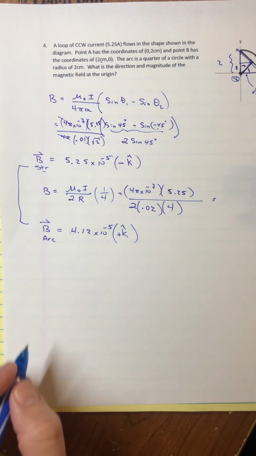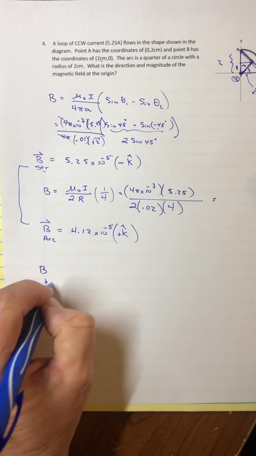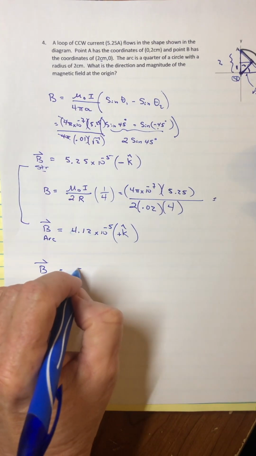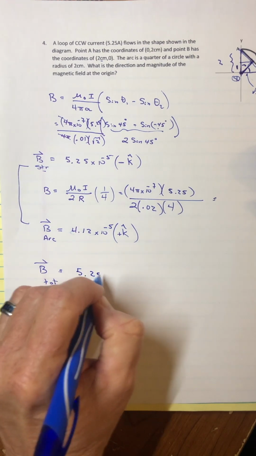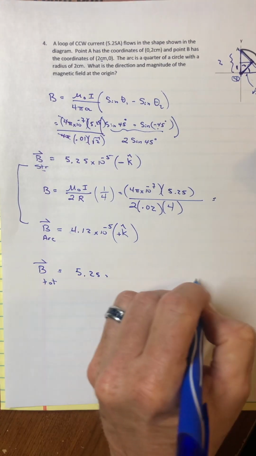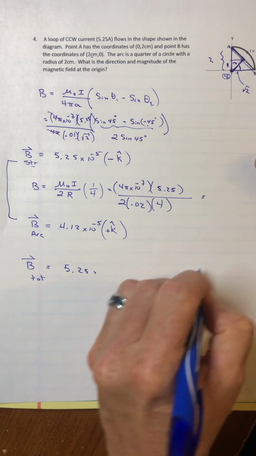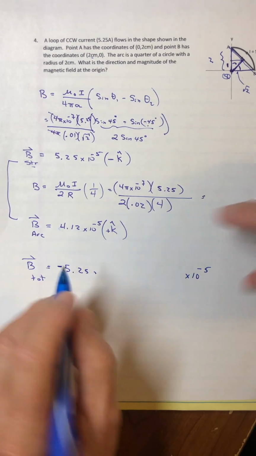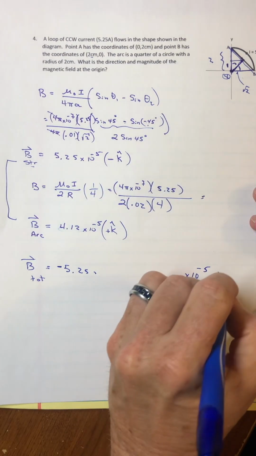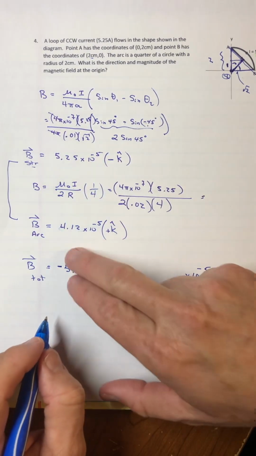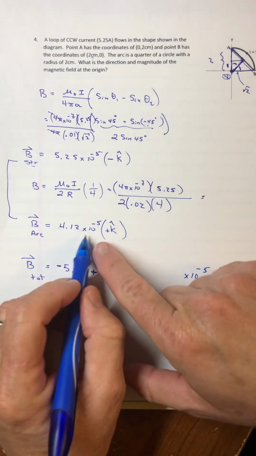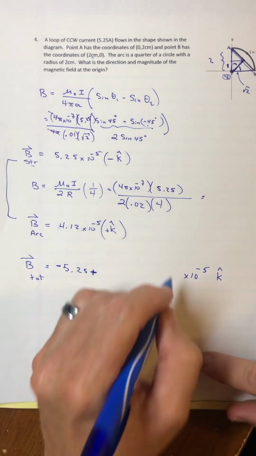And so I would have B total then being the 5.25, and I'll just say over here times 10 to the negative 5. I'll even put the negative with the number and call that a k hat, because the other one is a plus k hat.